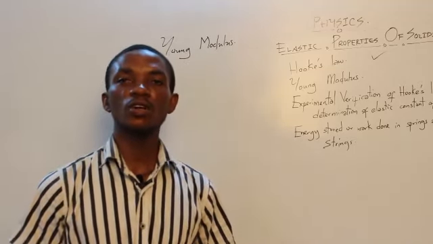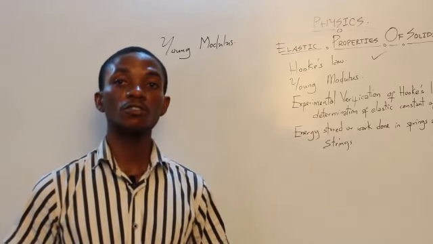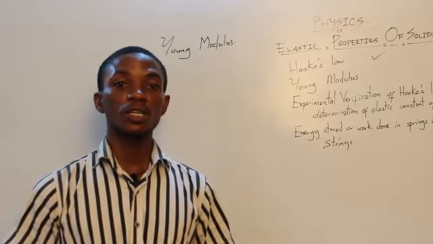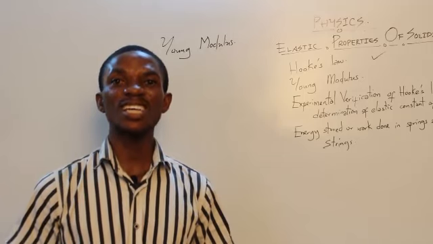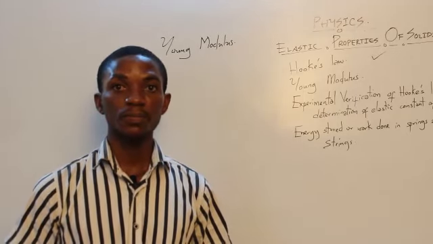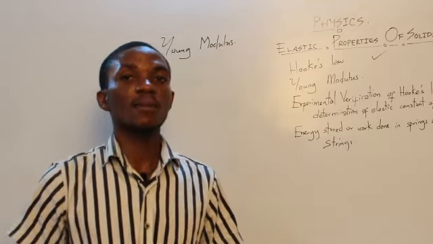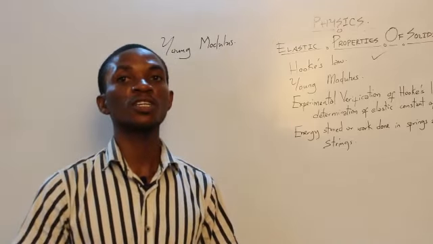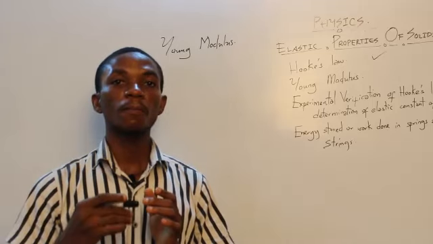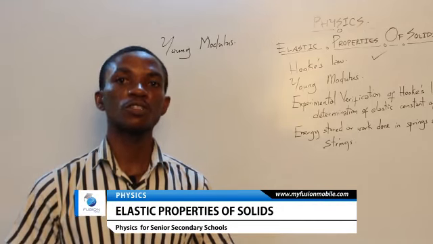The Young modulus expresses the relationship between stress and strain, where stress is the amount of pressure which is exerted on the spring. The strain is a ratio of the extension of the spring.